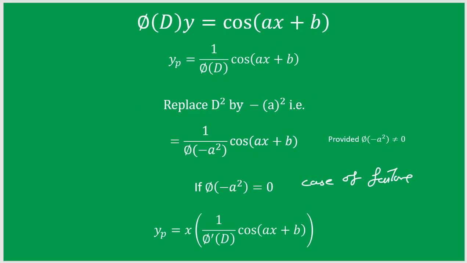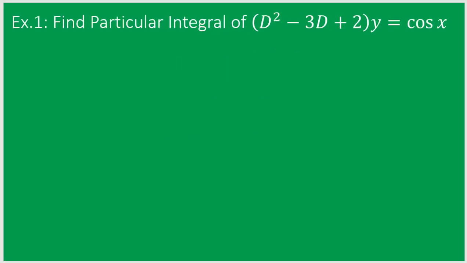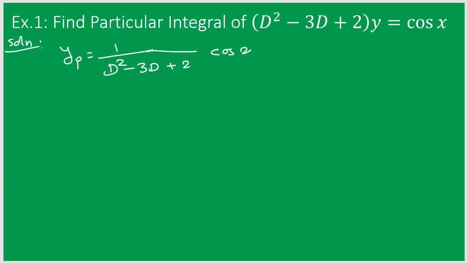Okay, let us solve one example on this. Here we have to find the particular integral of D square minus 3D plus 2 operating on y is equal to cos of x. So solution: yp is 1 upon D square minus 3D plus 2 operating on cos x.